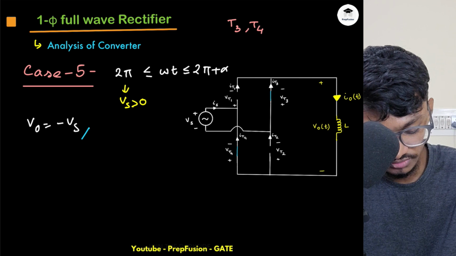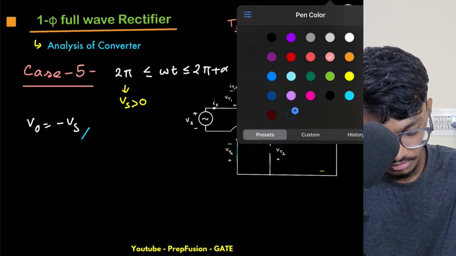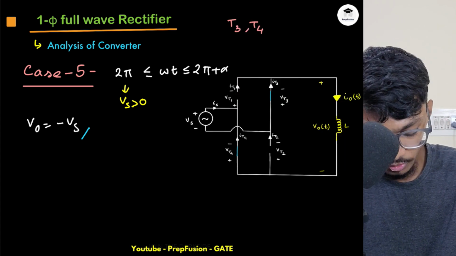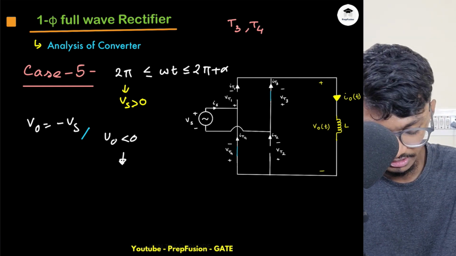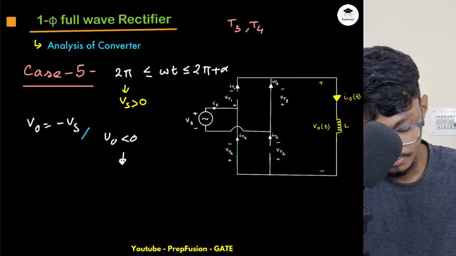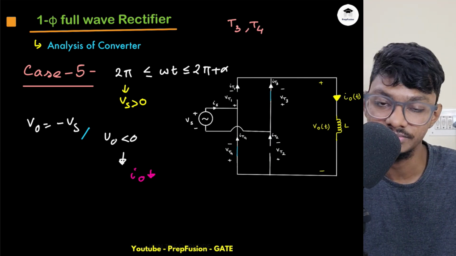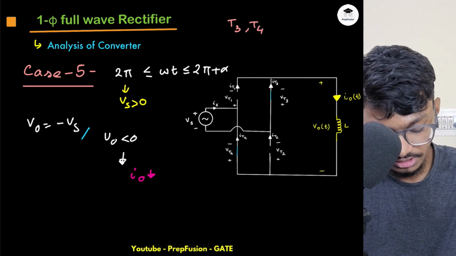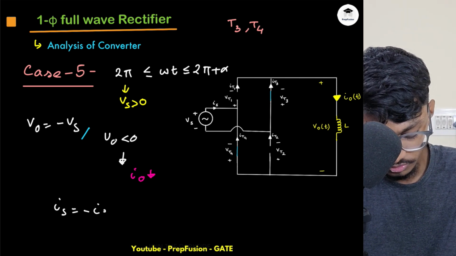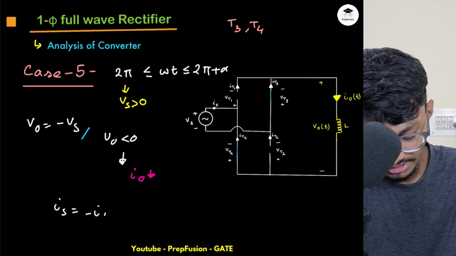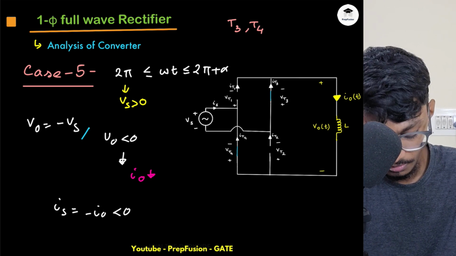So if Vs is positive, that means my VO is negative. If VO is negative, that means the inductor voltage is negative, so my current will reduce. IO will reduce. It is still positive, but the current will reduce. And this time also IS equals minus IO, and IO is positive, but IS is negative.